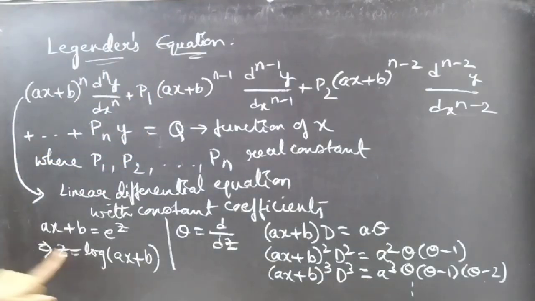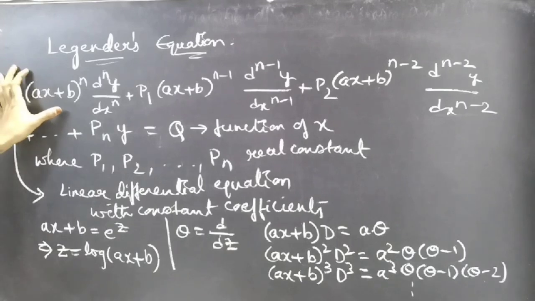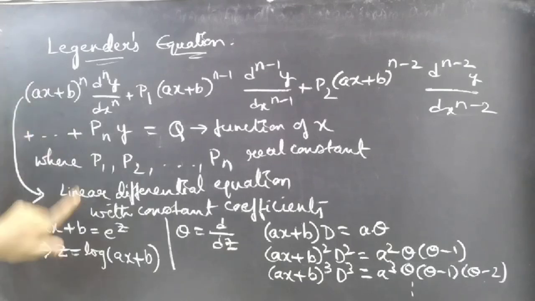By making these substitutions, we can reduce the given Legendre's equation to a linear differential equation with constant coefficients.